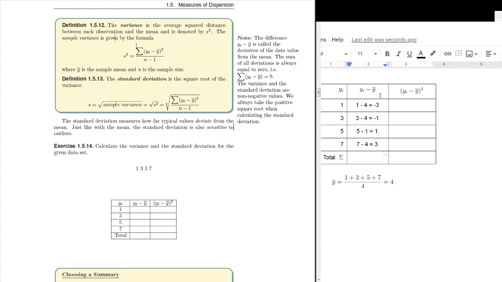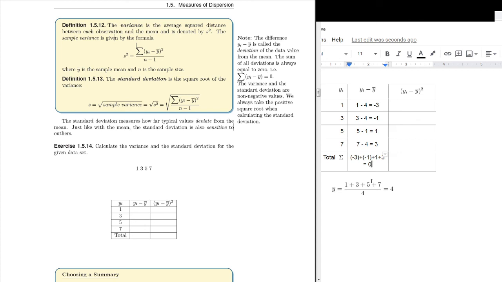So now what would happen if we were to add up all of the deviations from the mean? If we were to add up all of the values in this column, what we would get is negative 3 plus negative 1 plus 1 plus 3. And this will give us a value of 0.